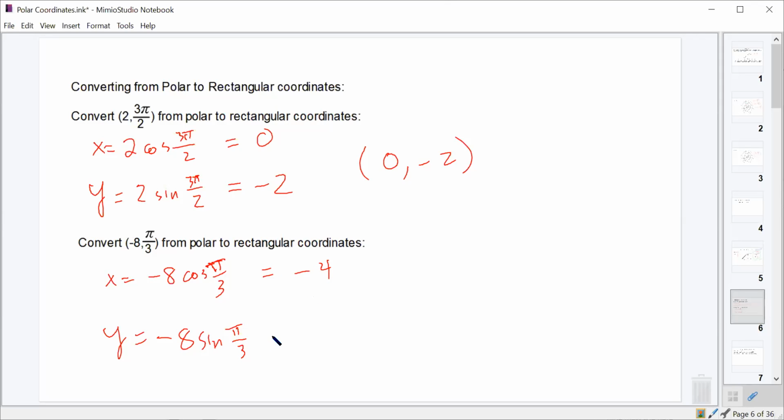And sine of pi over 3 is √3 over 2. So we get -4√3. So our coordinates ought to be -4, -4√3. Easy enough? Great. Okay.